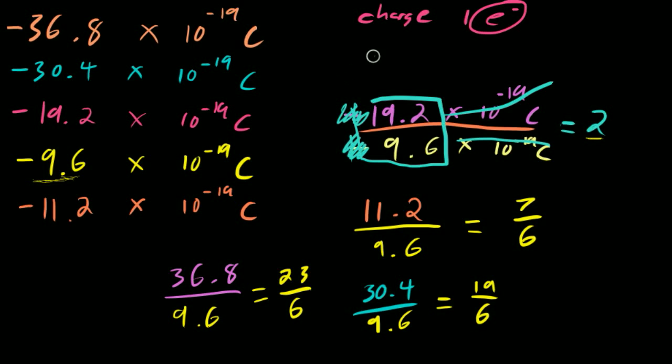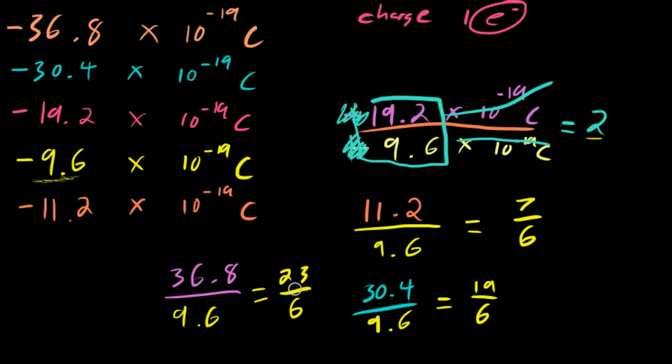Because once we find the charge of one electron, we're able to say, look, all of these other charges have got to be whole number multiples of that charge of one electron. So we took the ratio, and we found out that we only had one charge that was like that, where we had a whole number. But look at all these other ratios.